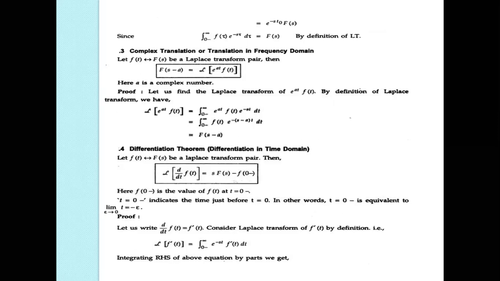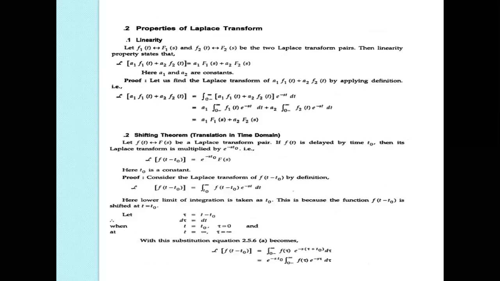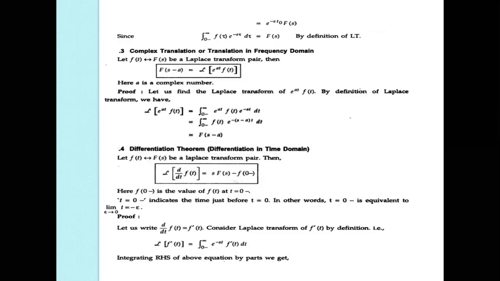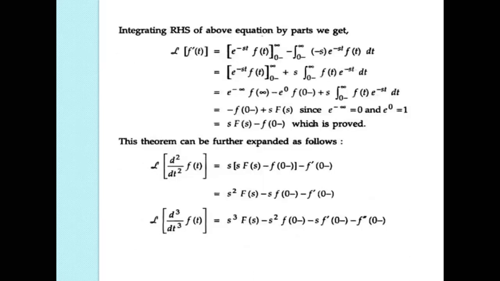Fourth property, differentiation theorem, or differentiation in time domain. And fifth property is the integration theorem. And the differentiation property we also derived for the bilateral and the unilateral, because there is a difference for those two only. And the remaining properties we will discuss in the next class.